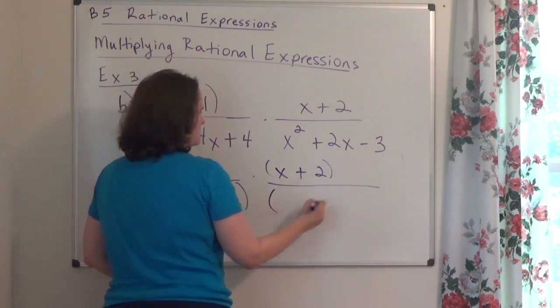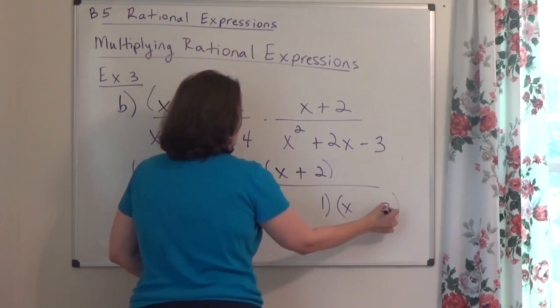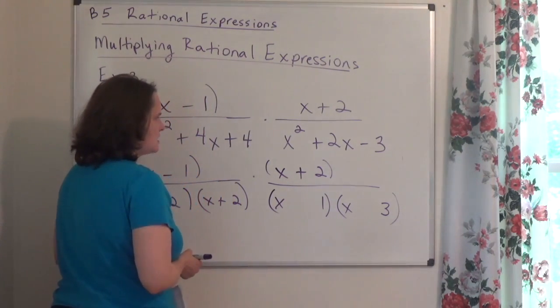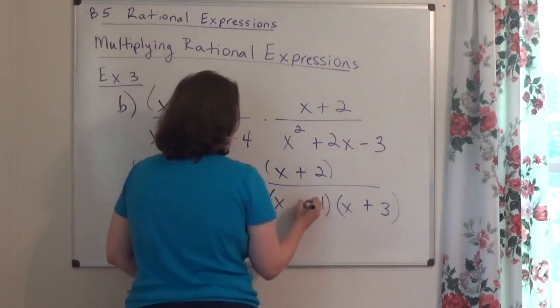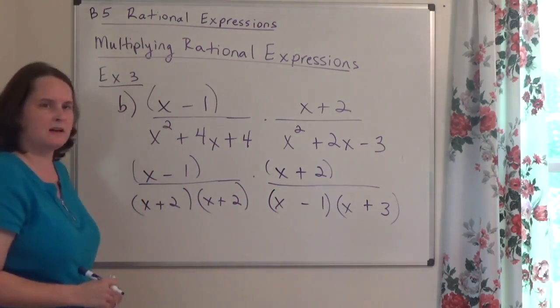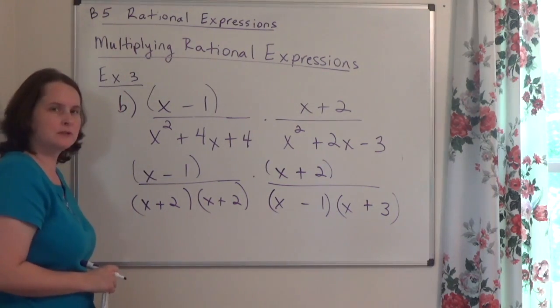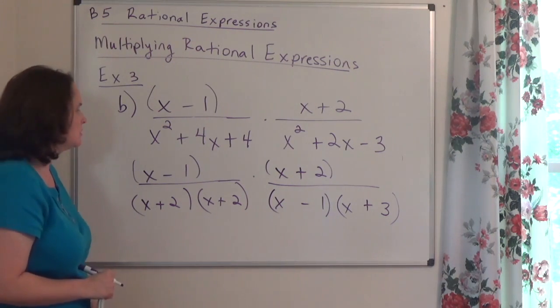And in my denominator, I need opposite signs, and I need my 3 to be positive and my 1 negative. I didn't go through all the steps for the factor by grouping method on that, but hopefully you're able to do that on your own at this point. If you're not, I can show you some tricks, so just let me know.